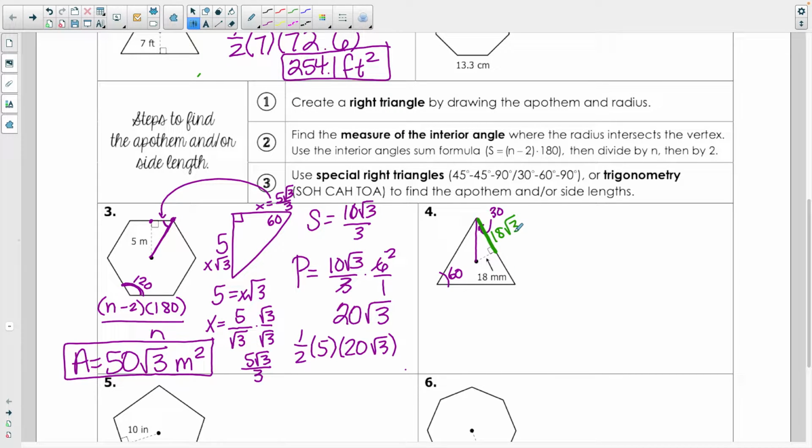So times 2, just so we're on the same page. If this is 18 square root of 3, I double that to get the whole side. So the entire side length is 36 square root of 3.